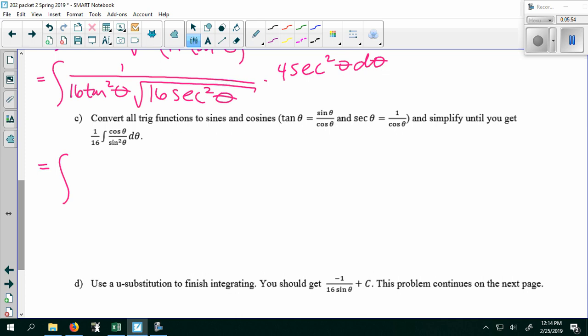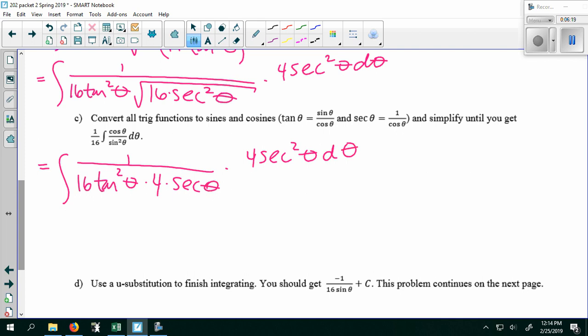This is the integral of 1 over 16 tangent squared theta times square root of 16 secant squared theta. Those are both perfect squares multiplied together. I can do them separately, so that's 4 times secant theta times 4 secant squared theta d theta.